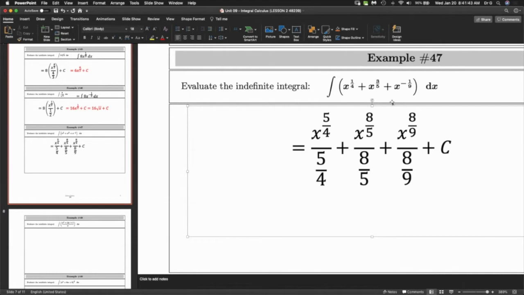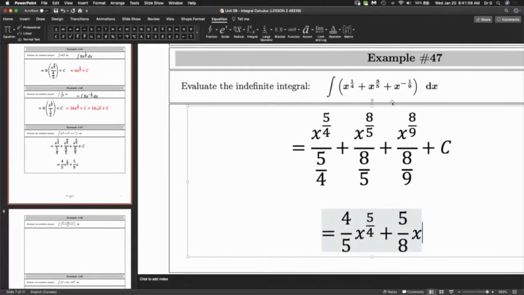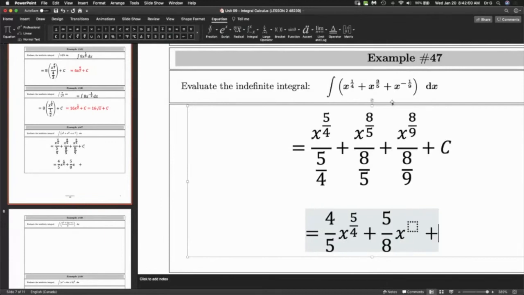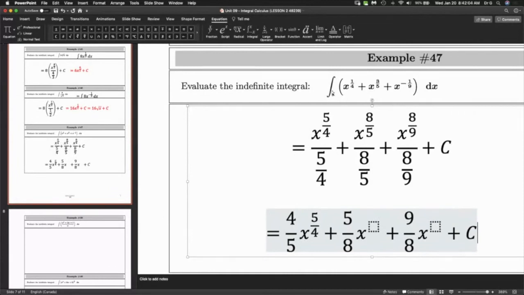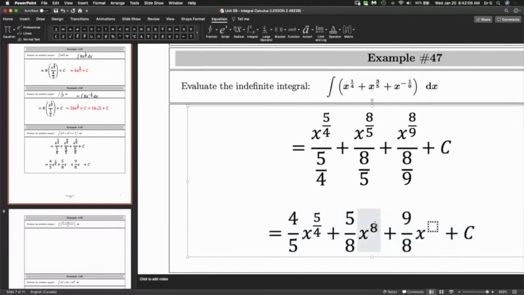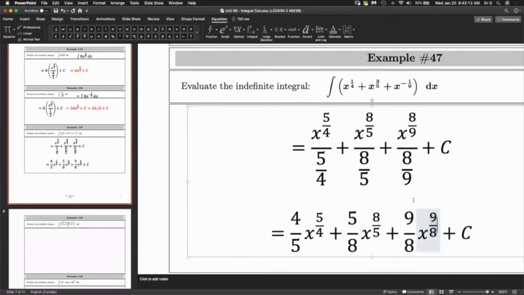Anyway, let's clean this up. You got that.